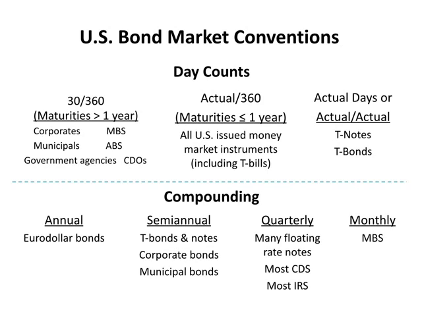At first glance, it might seem that actual days and actual over 365 are two ways of expressing the same convention. But the two are distinctly different. For semi-annual pay bonds, actual over 365 assumes two coupon periods of equal length, 182.5 days each. Actual over 365 assumes equal amounts of accrued interest are earned day by day across the year.